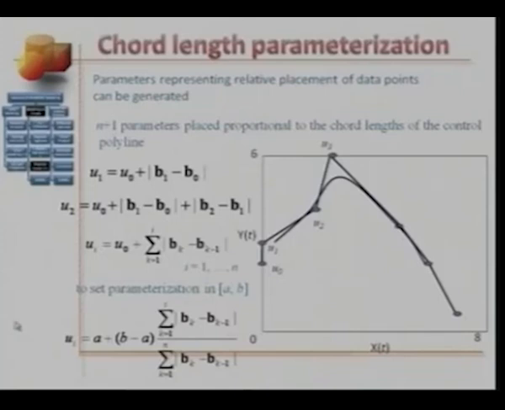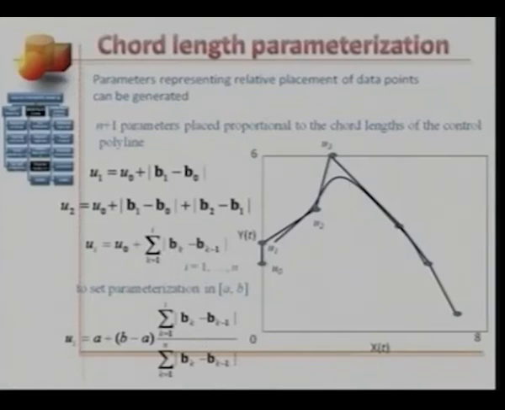We can do the scaling in this manner. u of i equals a plus (b minus a) times, in the numerator, summation k equals 1 to i of the absolute value of bk minus bk-1, and in the denominator, the summation with k going from 1 to n of the absolute value of bk minus bk-1. If you notice, this denominator represents the sum of all the chord lengths.